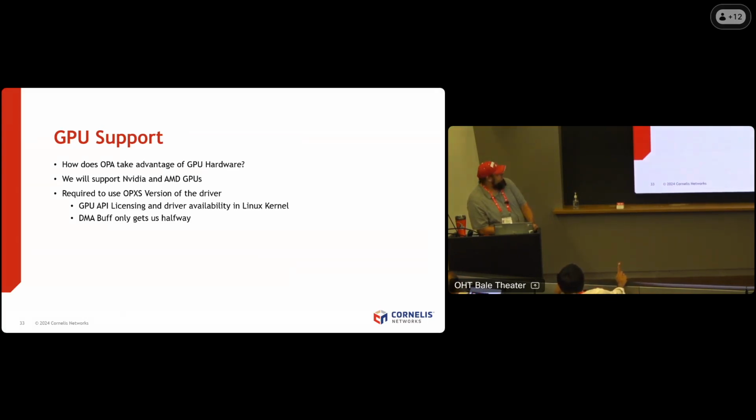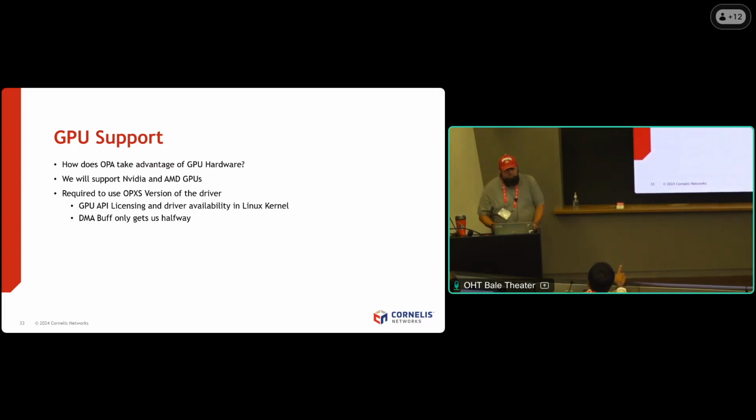The question is about DMA buff. Let's say earlier we used to have GDR copy, IPC, GPU Direct RDMA, a bunch of things. Which of these does DMA buff help to alleviate or replace? So the DMA buff technology inside the Linux kernel, which is coming up, what does it help replace?